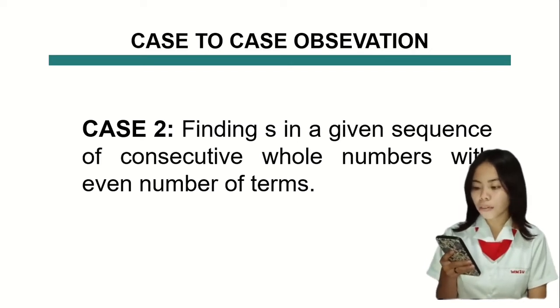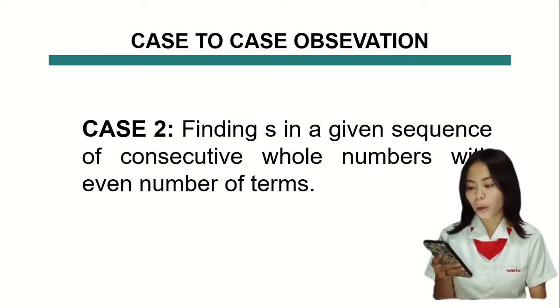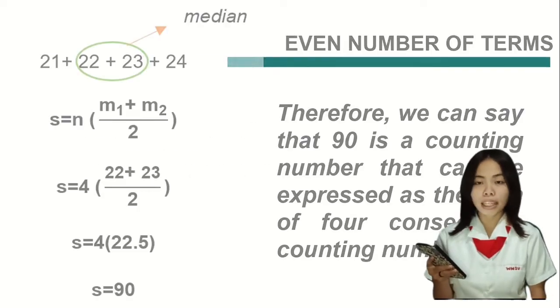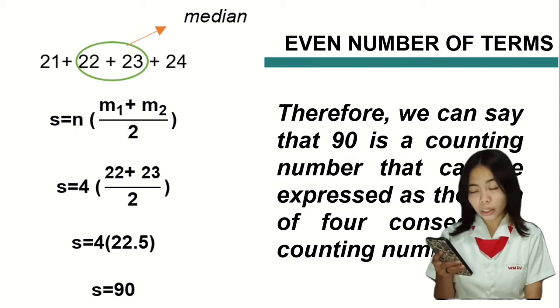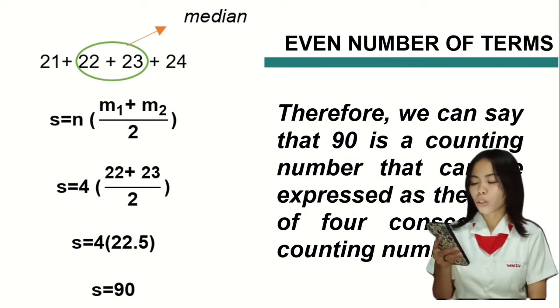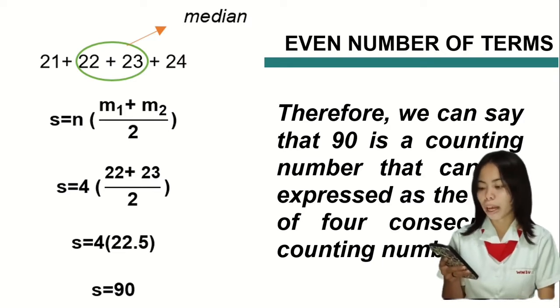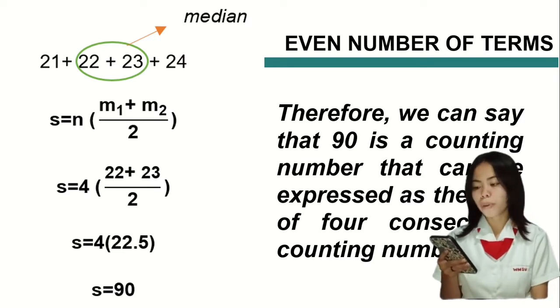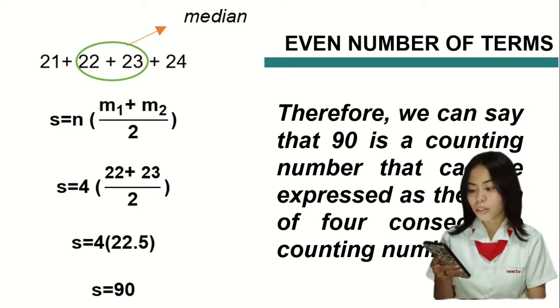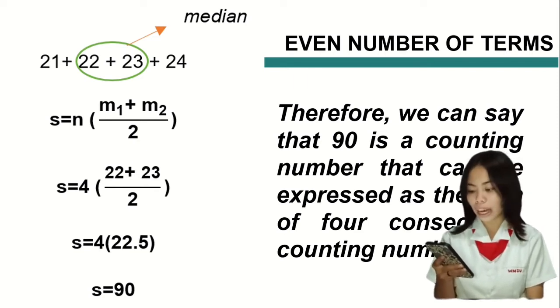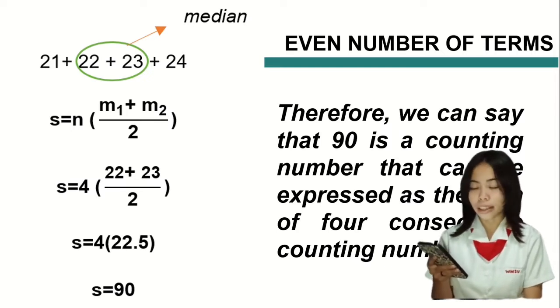The given terms are 21, 22, 23, and 24. The medians are 22 and 23. Substituting, S equals 4 multiplied by 22 plus 23 all over 2. The result is S equals 4 times 22.5, and multiplying, S equals 90.